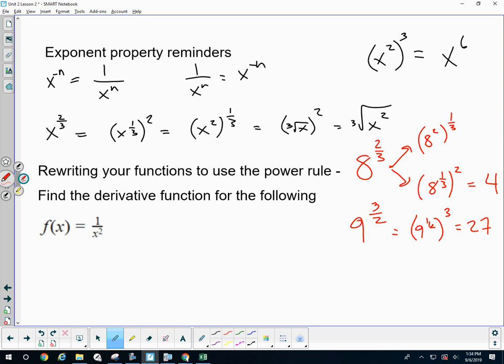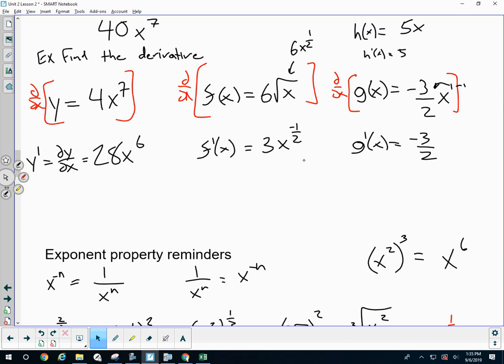Now we can go back to our previous derivatives that have fractional and negative powers, and we need to be prepared to rewrite them so that they have positive powers and root notation rather than fractional notation. So, the 3x to the negative 1/2, I need to be comfortable, first of all, knowing that 3 is not being taken to this negative power.